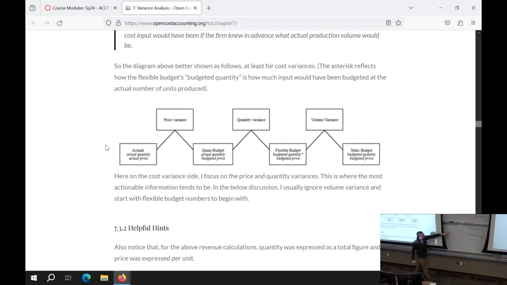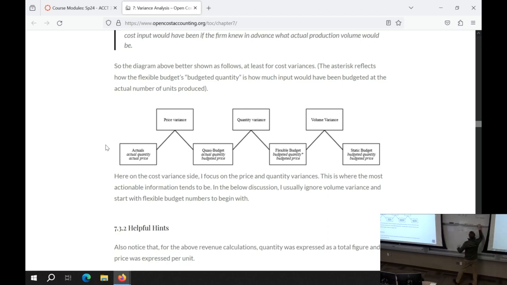All right. We bring from fiction to reality our volume with this move. And now we're going to say, okay, let's compare budgeted quantity at the actual volume we would have expected. Given how many finished goods units we produced, we would have expected this amount of direct labor cost. Our budgeted quantity of 3,000 direct labor hours times whatever the price is.